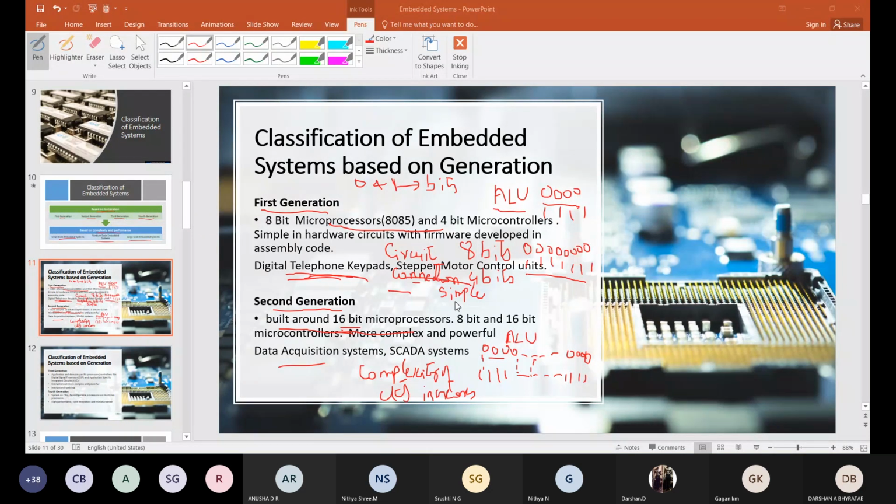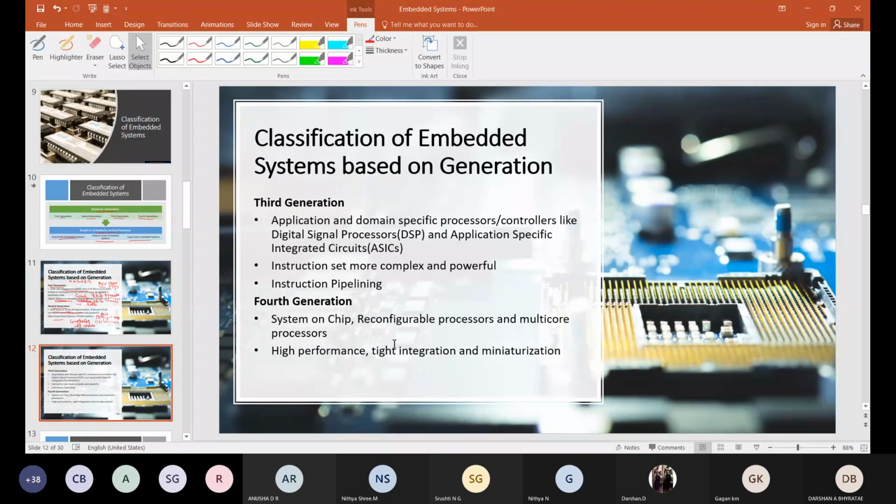Okay, the next is the third generation embedded system. In the third generation, the complexity increases much more compared to the second and first generation. We have a specific chip or IC for each functionality of my embedded system.